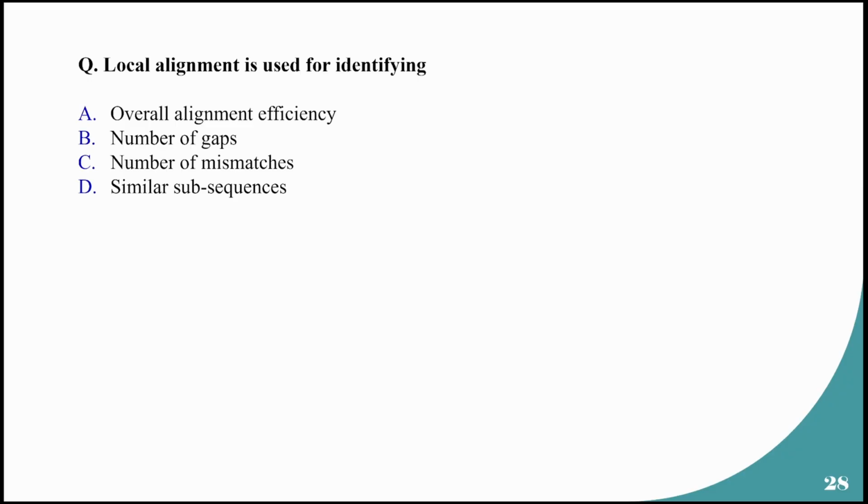Whereas global alignment is very good for overall sequence similarity matching, local alignment is best, since the term is local, for finding short stretches of subsequence where we see some similarity. So it is useful for identifying similar subsequences. If you remember, in one of our earlier classes, we talked about motif discovery.